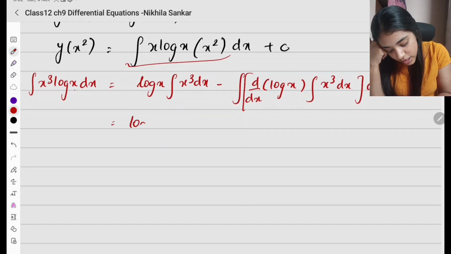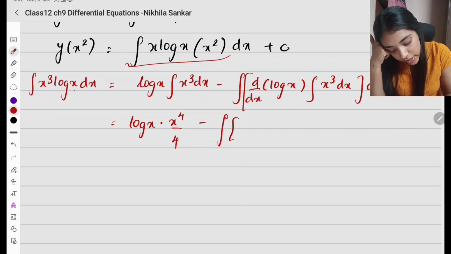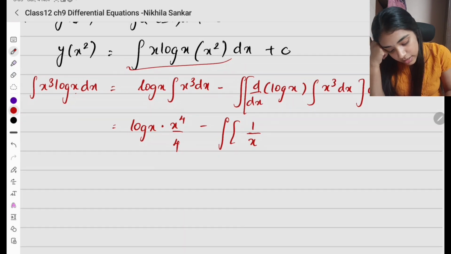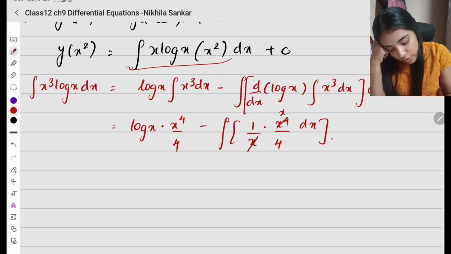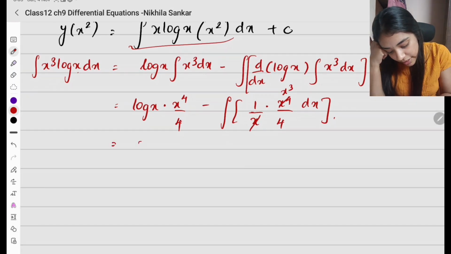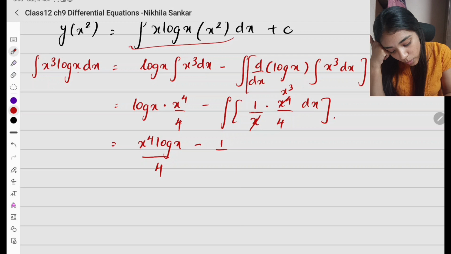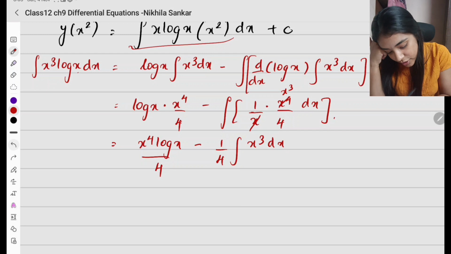So log x, இதோட integration is x power 4 divided by 4, minus integration of d by dx of log x, which is 1 divided by x, times integration of x cube, which is x power 4 divided by 4, times dx. Okay, so I can further cancel this. x power 4 cancel ஆச்சுன்னா x cube. So here I have x power 4 log x divided by 4 minus 1 by 4 integration x cube dx.